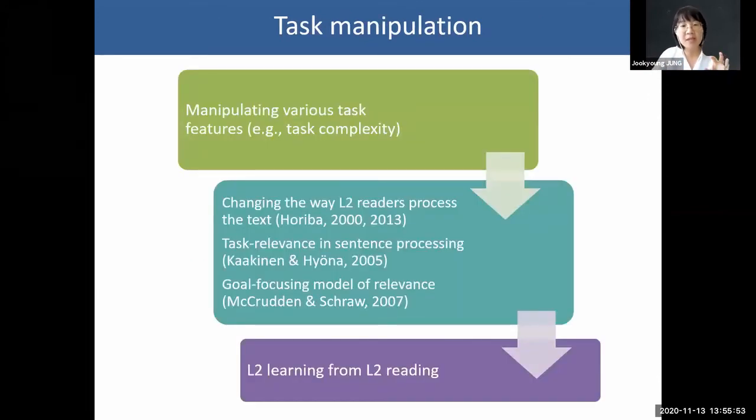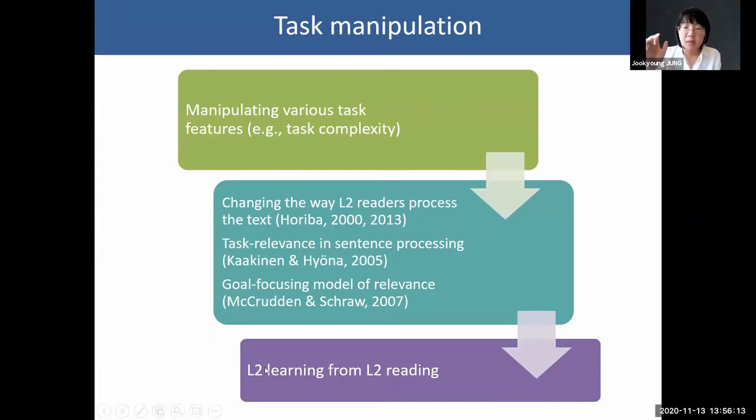Having said that, I think it seems possible to assume that by manipulating various task features, for instance, task complexity or task condition, we can affect the way learners process the text, because they will process the components that seem to be particularly relevant to task goals, right?